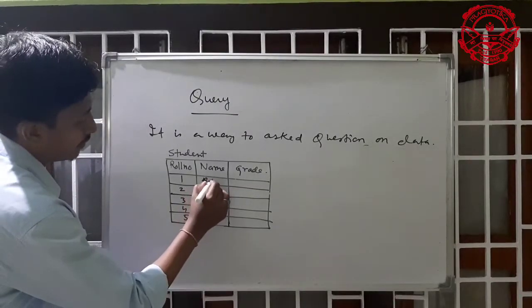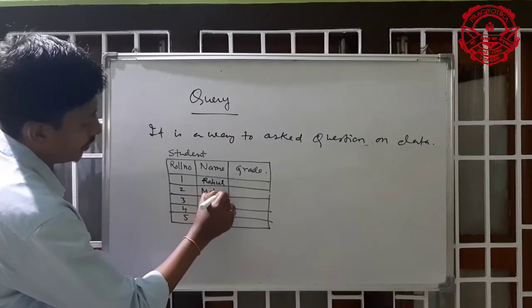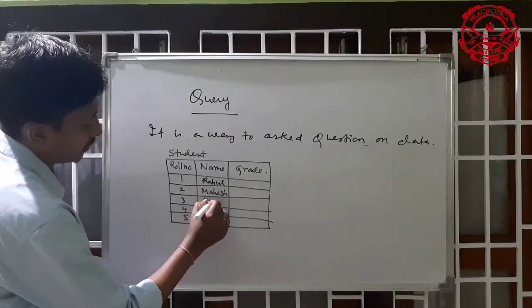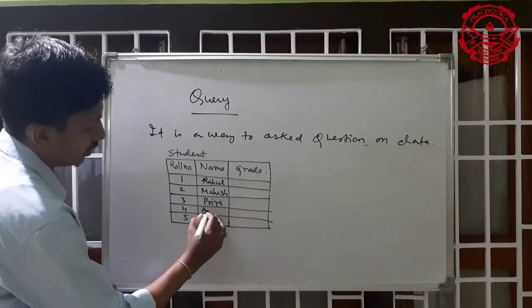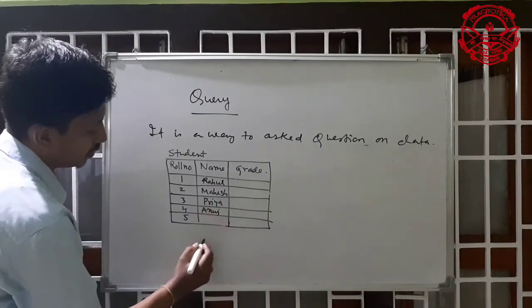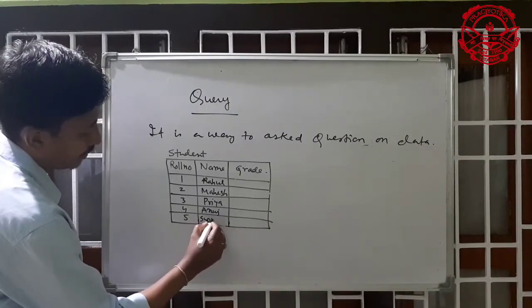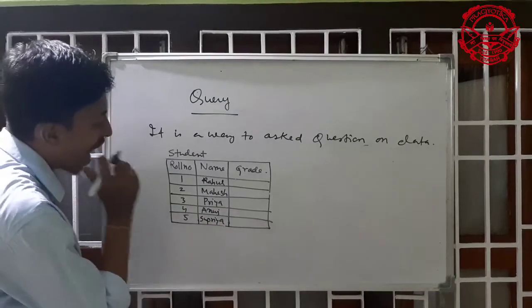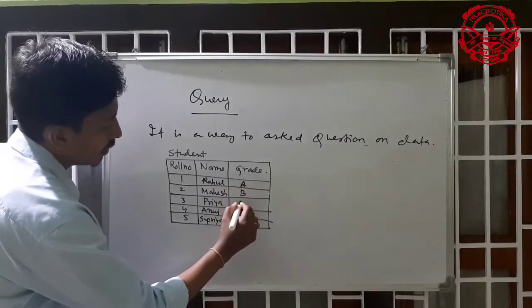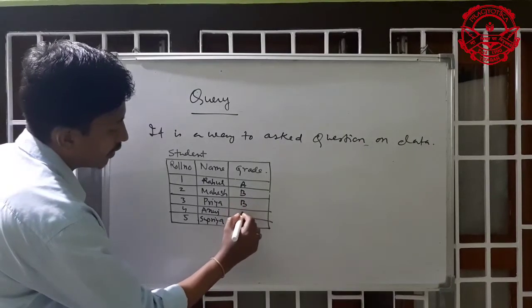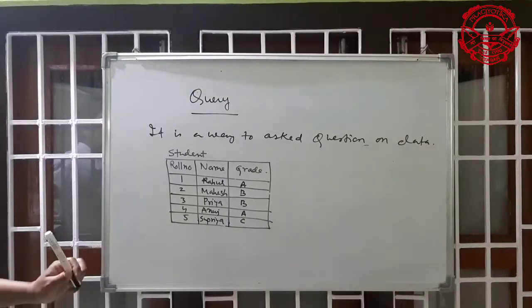Names: Rahul, Mahesh, Priya, Anuj, and Supriya. Grades: A, B, B, A, and C.